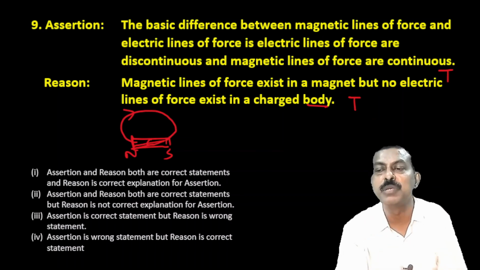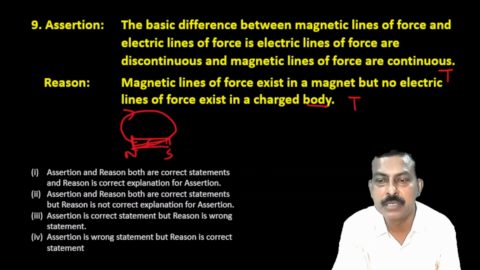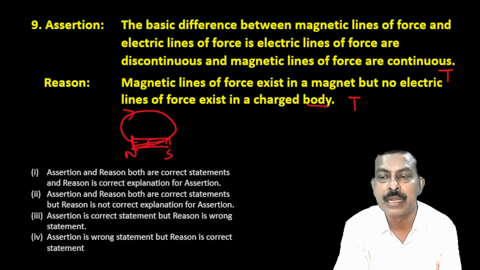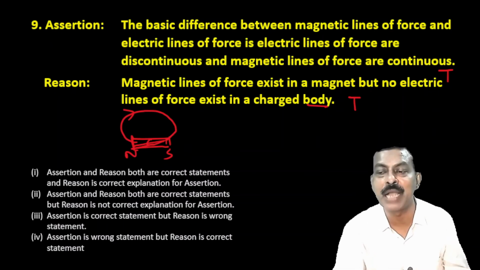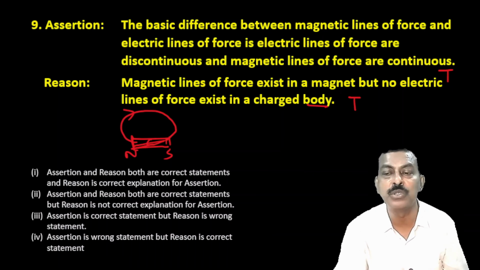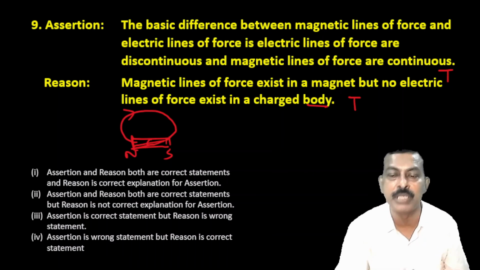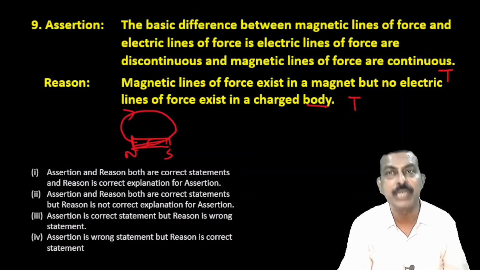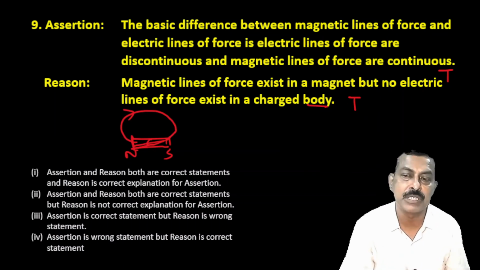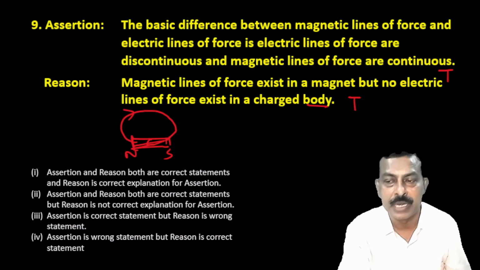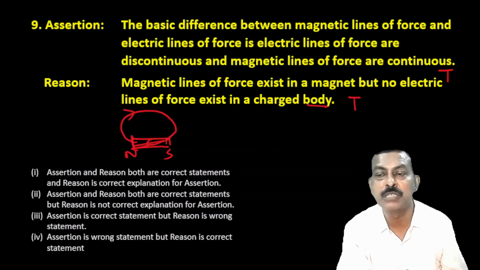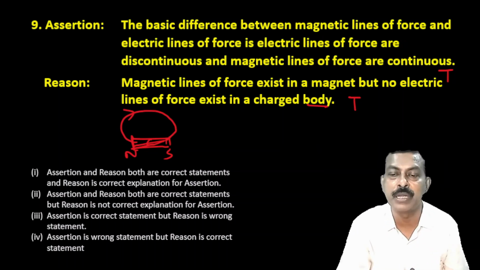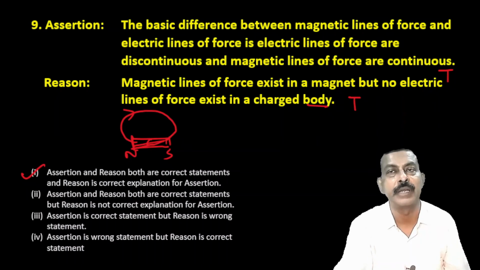The basic difference between magnetic lines of force and electric lines of force is electric lines of force are discontinuous and magnetic lines of force are continuous, because magnetic lines of force exist in a magnet, but no electric lines of force exist inside a charged body. So that means it is explaining correctly why they are discontinuous for electric lines of force and why they are continuous for magnetic lines of force. So the first one is the correct option.